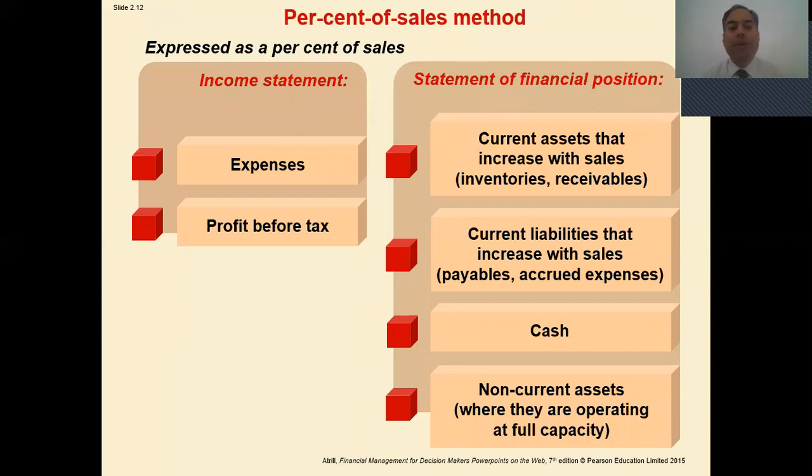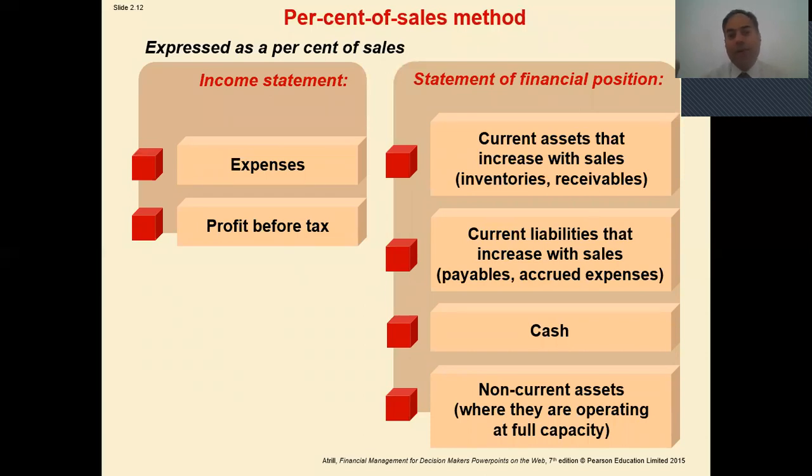Percent of sales method. When we're doing our forecasting, we look at the income statement, our expenses, our profit before tax, and then the balance sheet: current assets that increase with sales, so inventories, receivables, current liabilities that increase with sales, cash, and non-current assets. We take our results for the last 3 to 5 years and put a percentage of everything against sales.